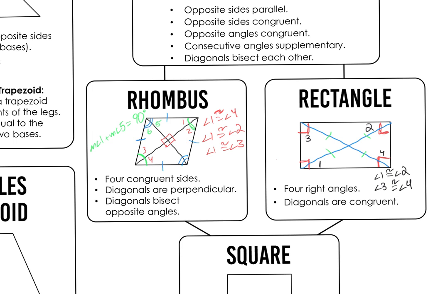So to summarize everything I just said, if you take a parallelogram and you add in 4 congruent right angles, you get a rectangle. Not a square, I would call it a rectangle, okay? If you take a parallelogram and you add in congruent sides, then you get a rhombus.